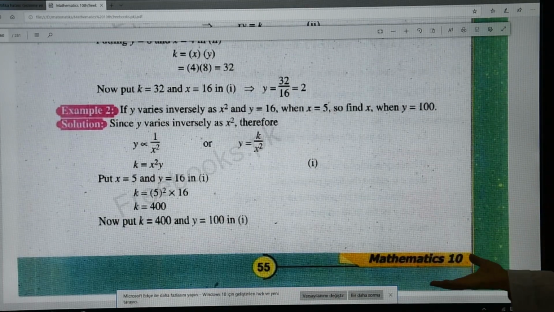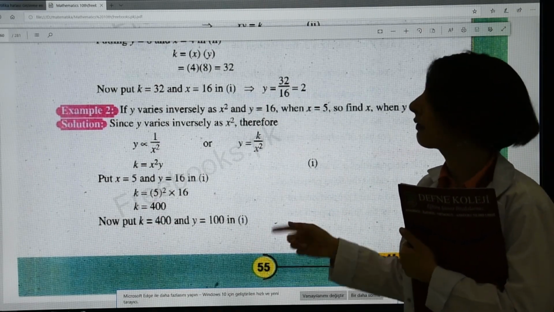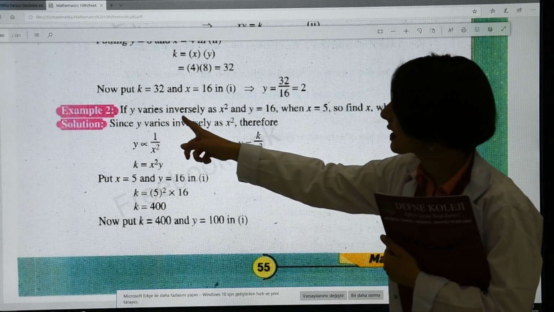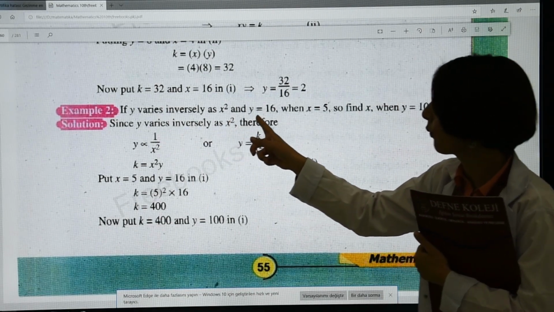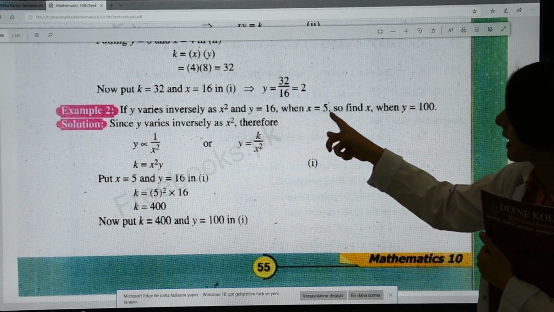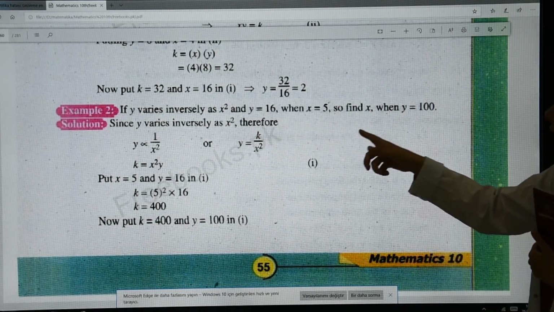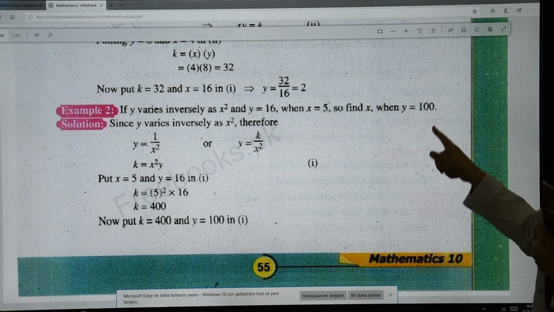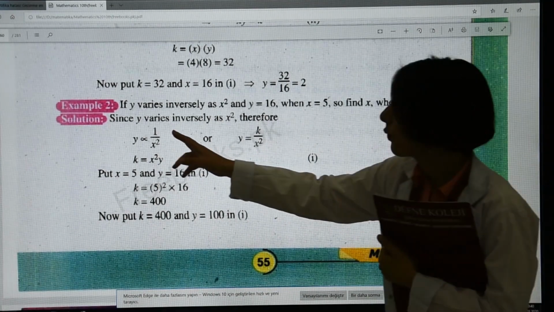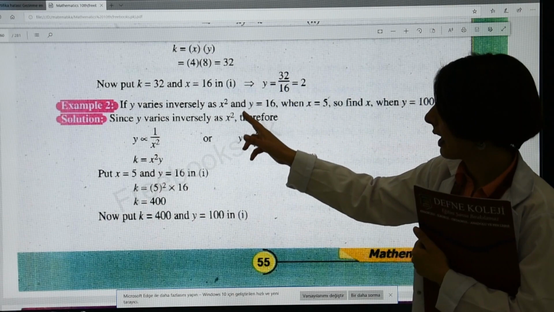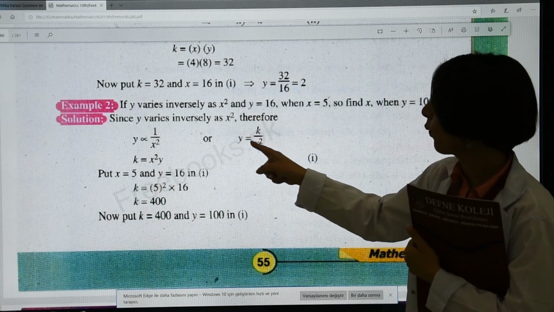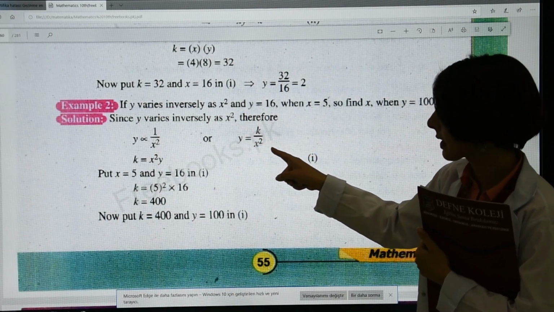It's the same thing even if I have a quadratic x. For example, if y varies inversely as x squared and y equals 16 when x equals 5, find the x when y equals 100. Since y varies inversely as x squared, I can write the equation y equals k over x squared, okay?